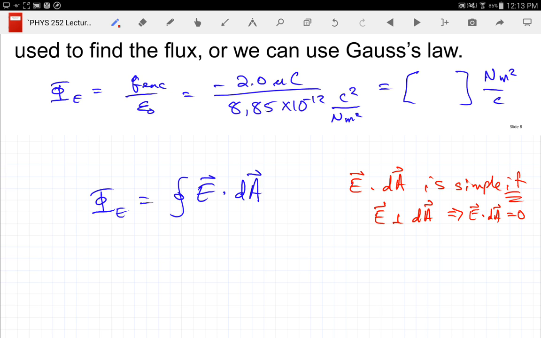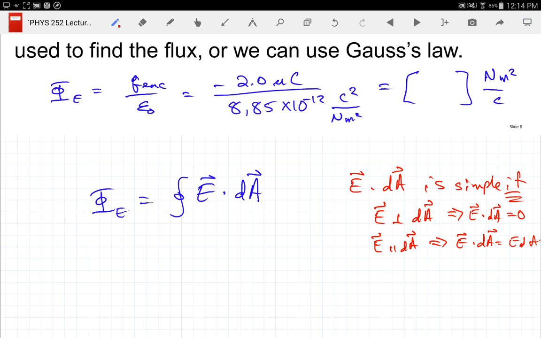Second case, you said parallel. If E is parallel to dA, then E dot dA is equal to EdA, where I dropped the vector signs because they're parallel.